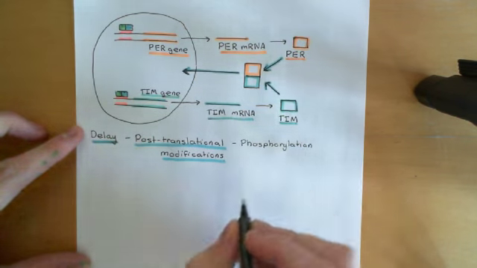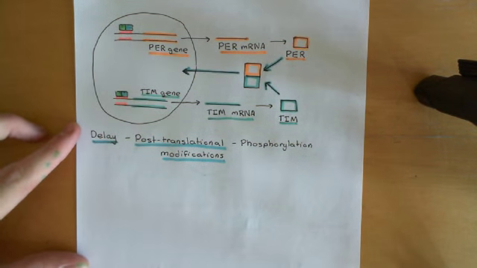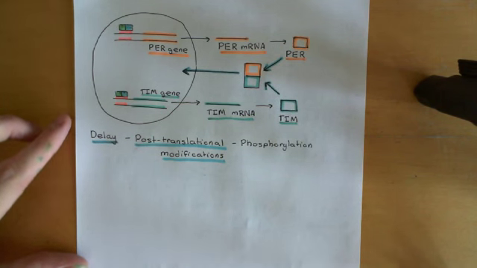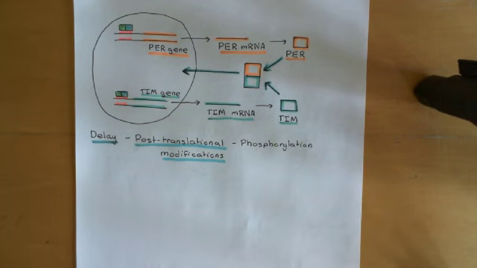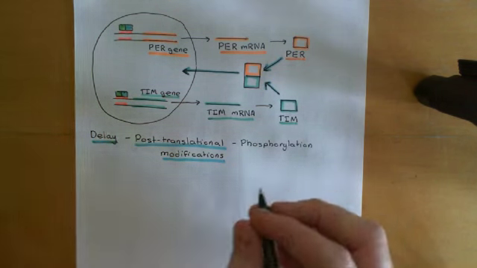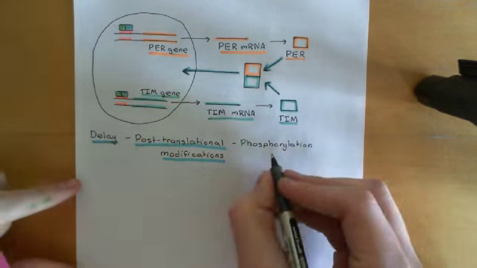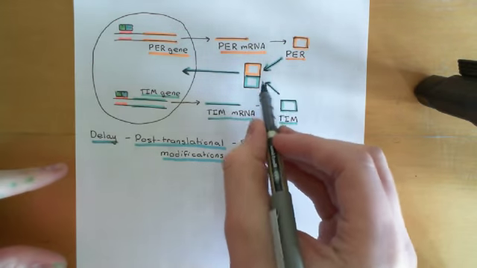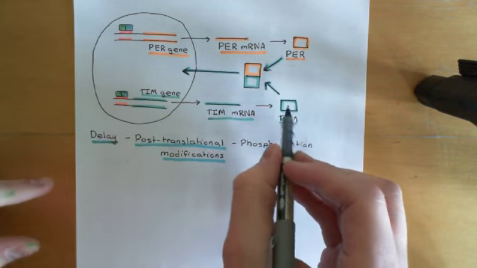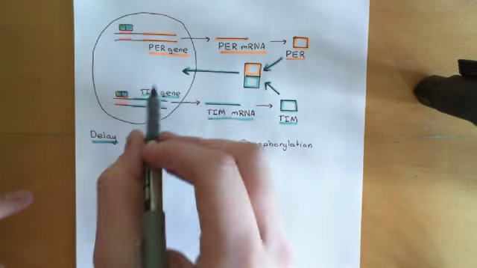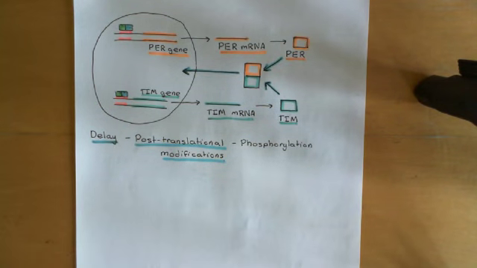And we have found enzymes that are really important in phosphorylating period and timeless proteins, so that they can heterodimerize and then so that they can enter the nucleus. If you disturb these enzymes, then things go horribly wrong with this process, basically. So we know that they must be involved either in allowing the period and timeless to heterodimerize or in their translocation to the nucleus.